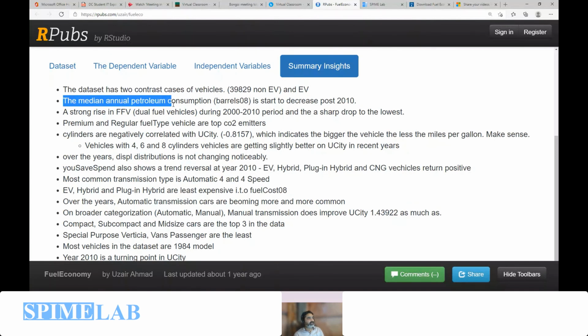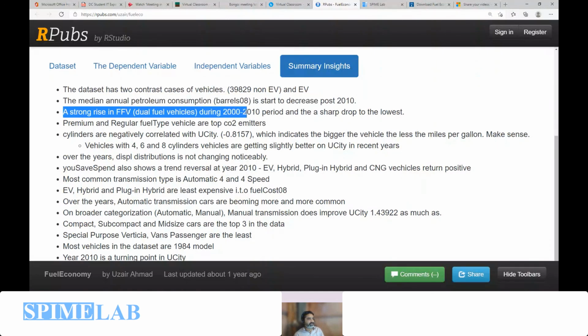The median annual petroleum consumption starts to decrease after 2010. There is a strong rise in dual fuel vehicles during the 2000 to 2010 period, and then a sharp drop to the lowest. So this kind of finding can cause you to investigate more in the domain about the information that is not included in the data set.